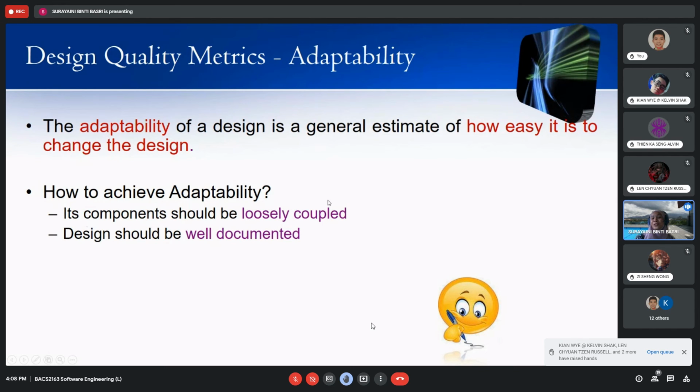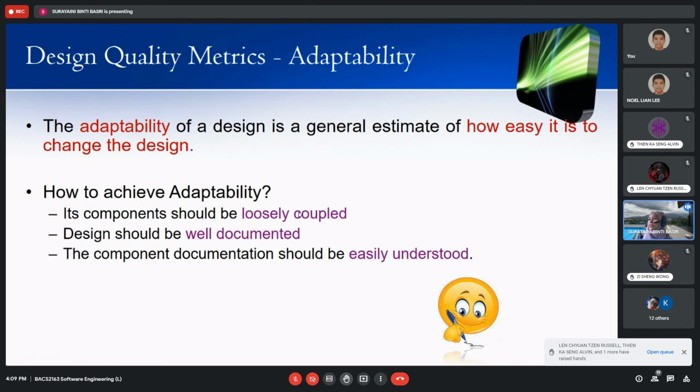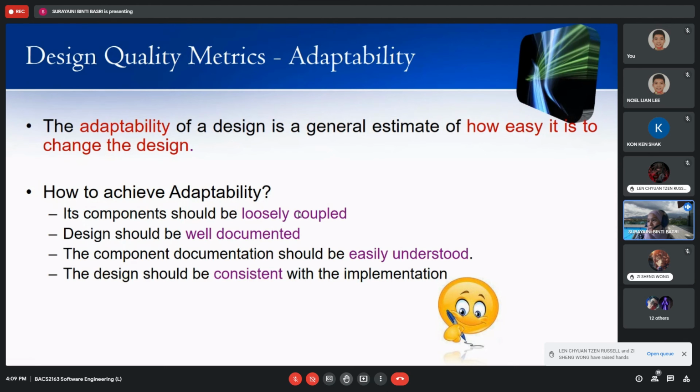Okay, so this is what we have said just now. The system should be loosely coupled, like what Ms. Norshikin and Kelvin said, and the design should be well documented, like what Russell said. After that, the component documentation should be easily understood, and the design should be consistent with the implementation.